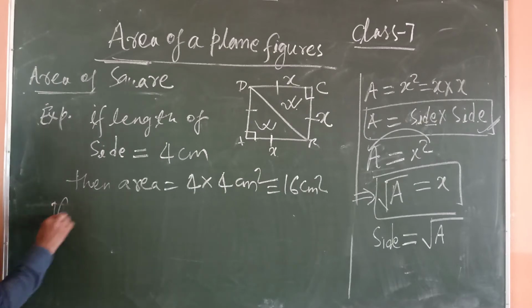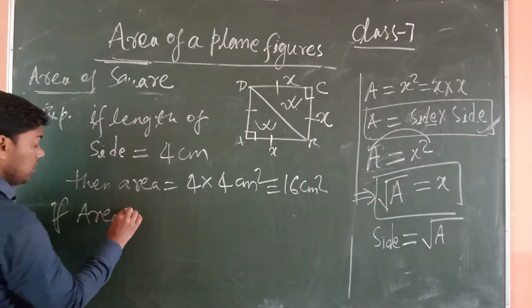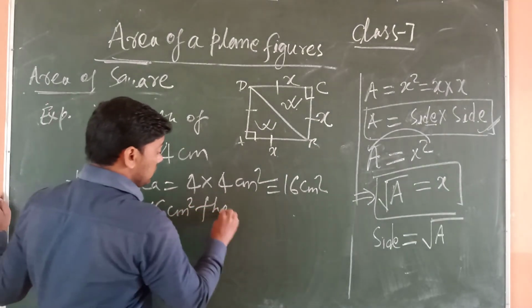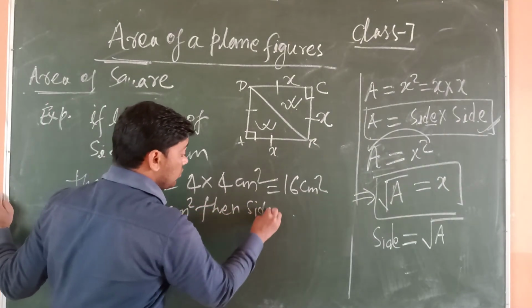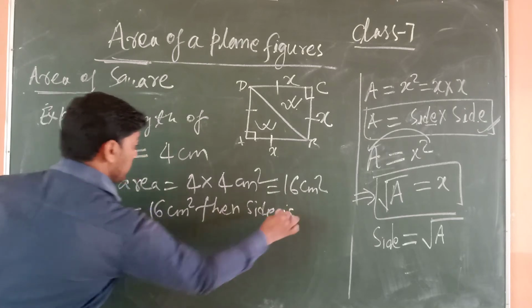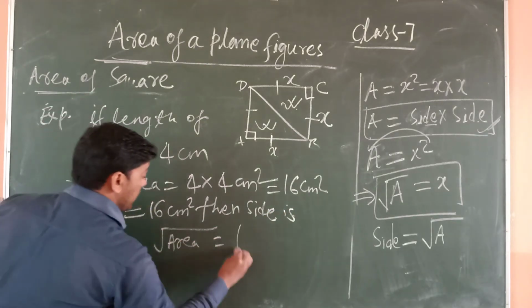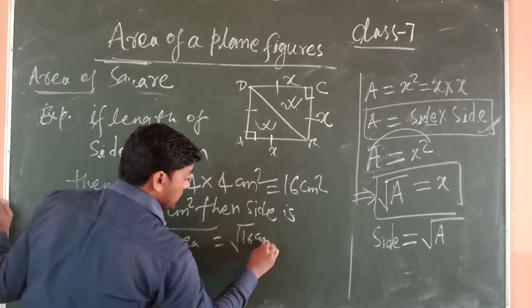Then if area is equal to 16 cm square, side is equal to under root of 16 cm square.